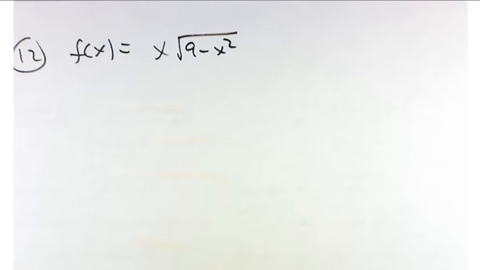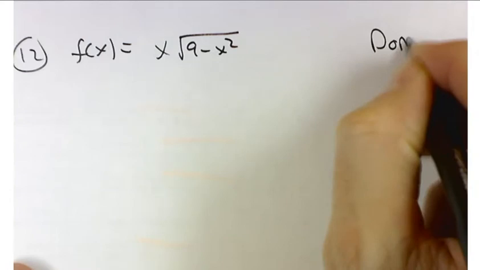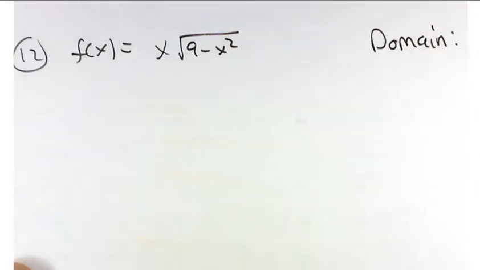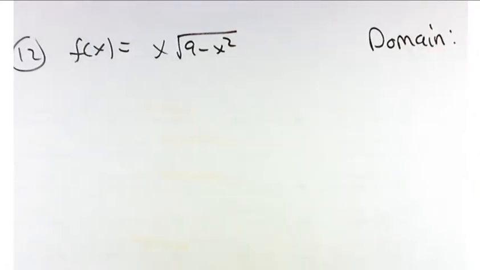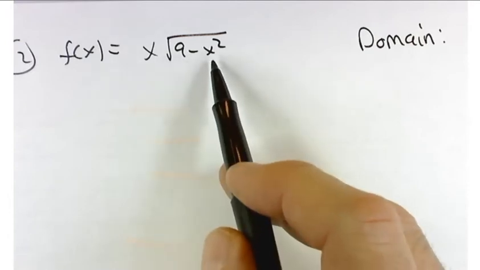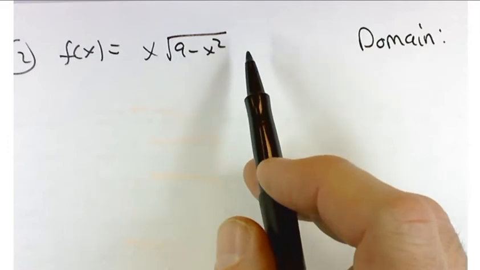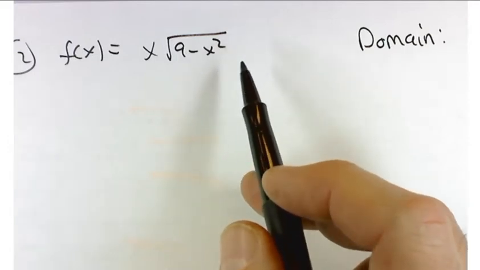First thing we have to consider with all these problems is the domain. There's a limit on the values for x. You can't just put in anything. Somebody throw out a number. Any number. -3. If I put in -3, I get 9 minus, well, -3 squared is 9. I get the square root of 0. That's not a problem. But what about, go ahead, James.